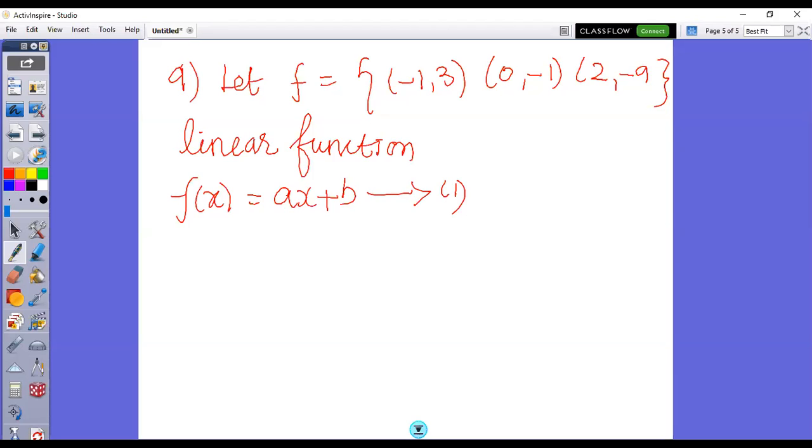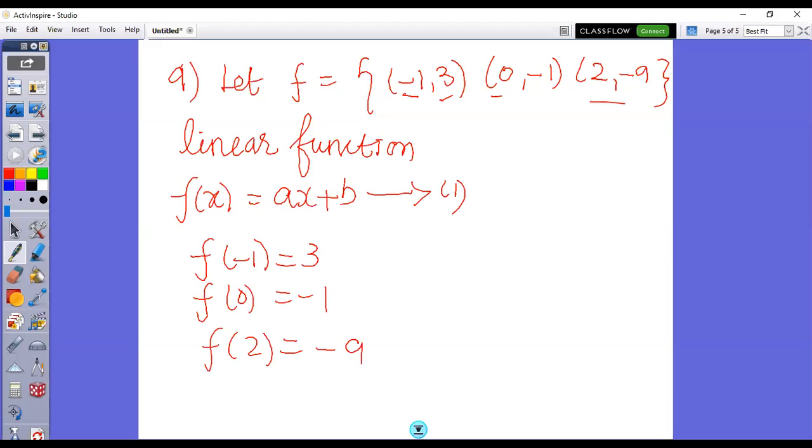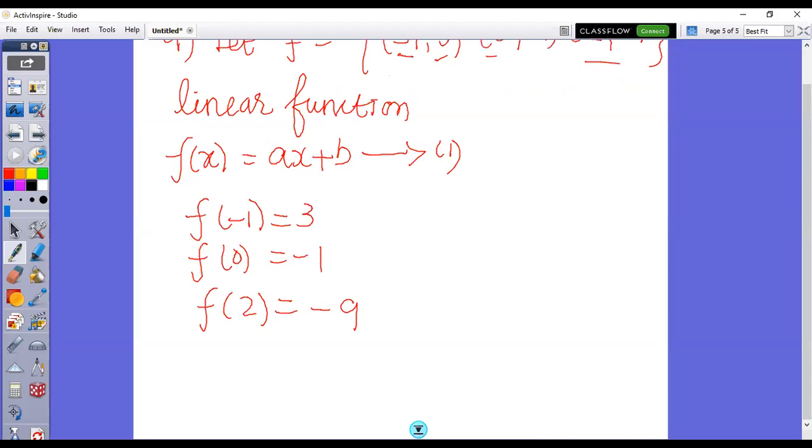So first, the ordered pairs: f of minus 1 equal to 3. Next, f of 0 equal to minus 1. Next, f of 2 equal to minus 9. Just to find f of x value.